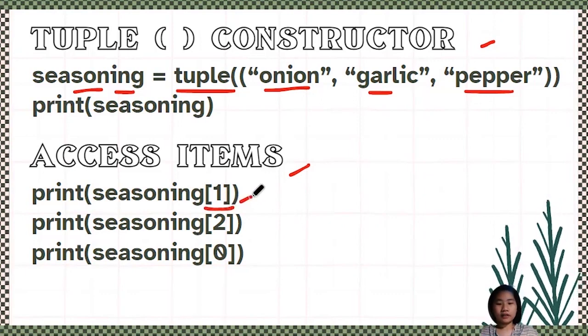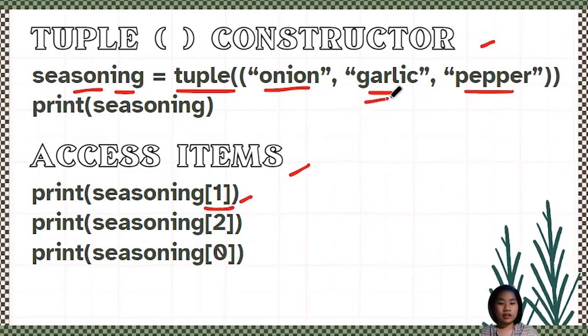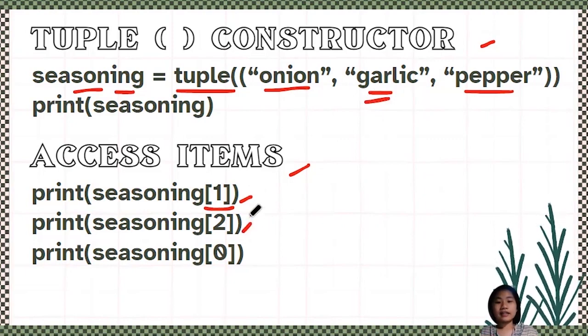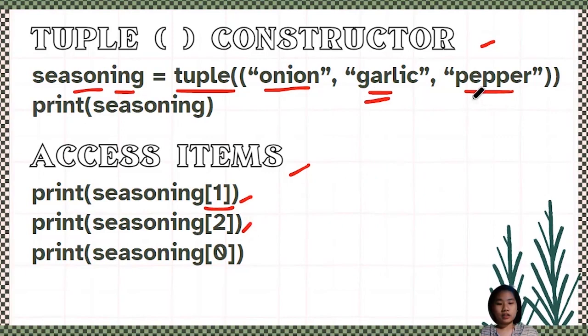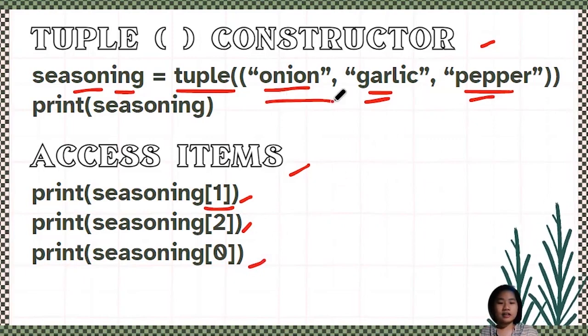Okay, seasoning 1. What do you think seasoning 1 value would be? It would be garlic, right? And what about seasoning at index 2? It would be pepper. Okay, what about index 0? Index 0 should always be the first one, therefore it is onion.